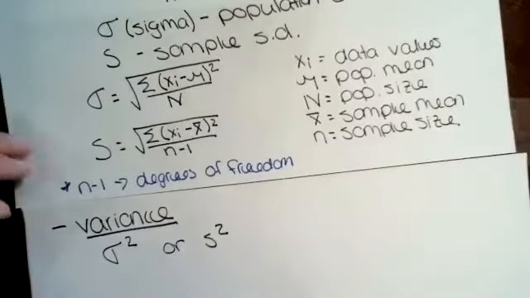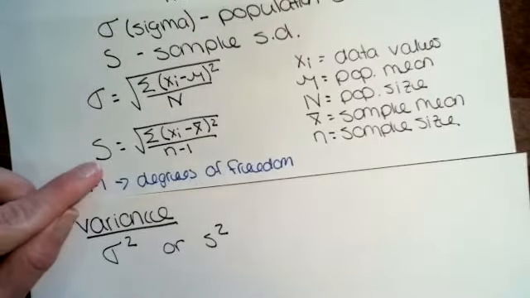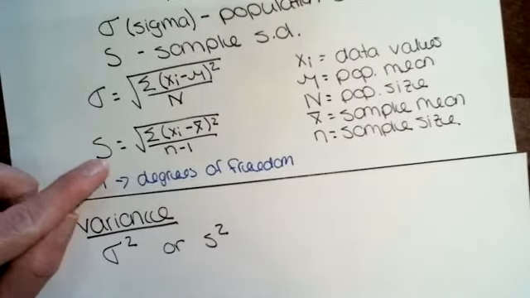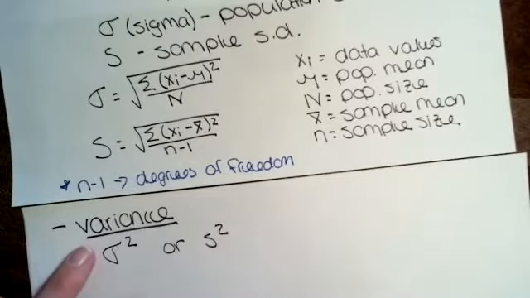So our variance is our population standard deviation squared, or it's the sample standard deviation squared. And we don't use this often because the measurement is in squared units. And if something's in squared units, it's really hard to talk about it, about something that's not in squared units. It doesn't really make sense.